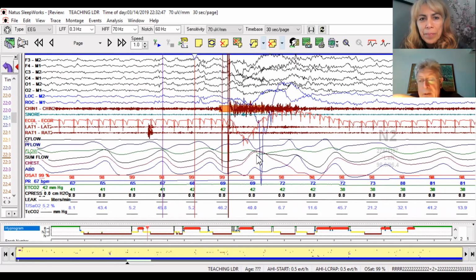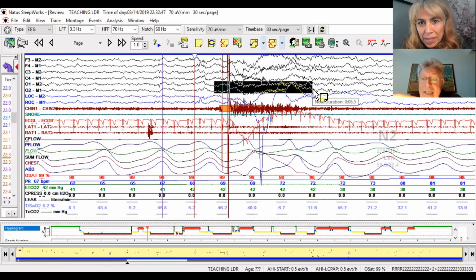Here, on the contrary, there is even the ECG that shows that there has been a movement. So there is a movement artifact on the EEG, and even some muscle potential on the EEG. In this case, you see, the legs have not participated, but the chin and the EEG have picked up some movement.